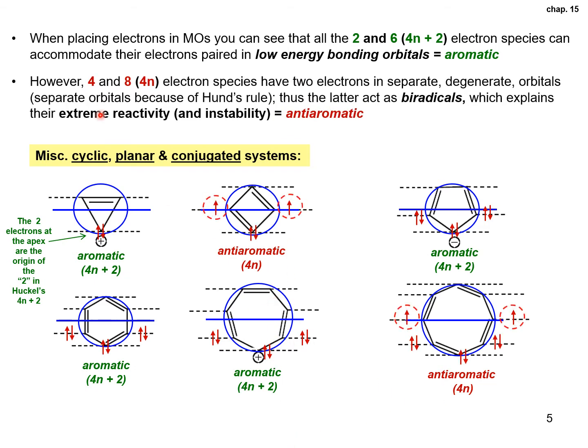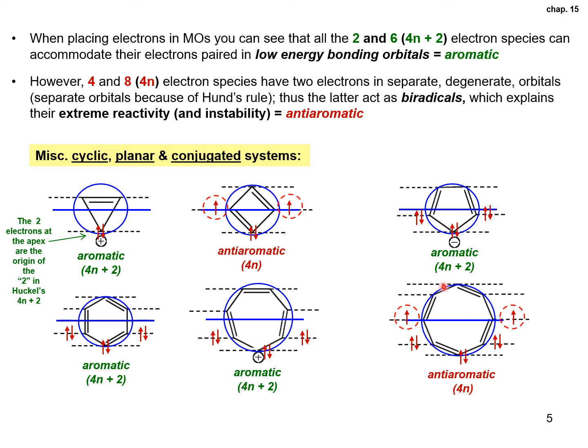In contrast, those which have 4n pi electrons have 2 electrons in separate, degenerate, meaning of equal energy, molecular orbitals, and they act like biradicals. So when you have an unpaired electron, it's a radical.